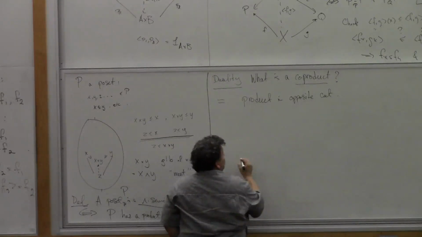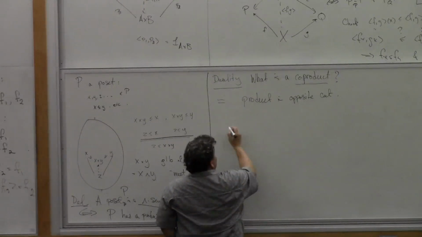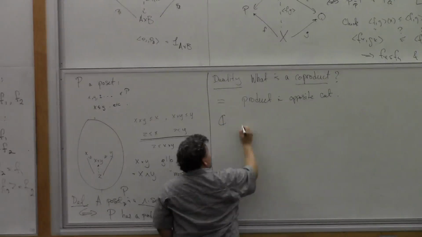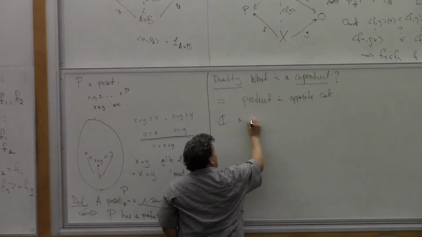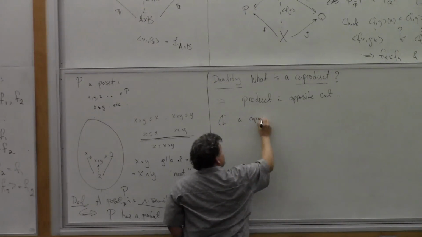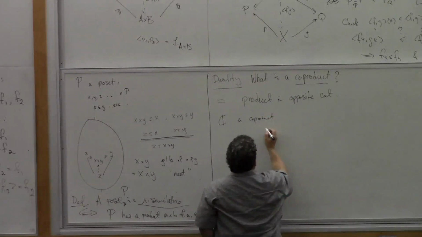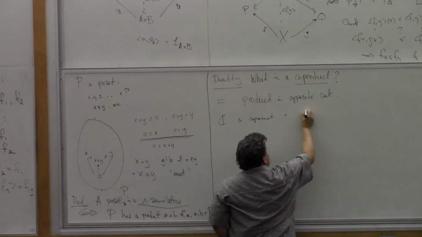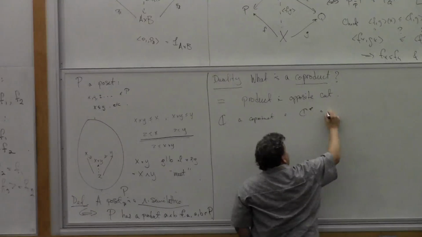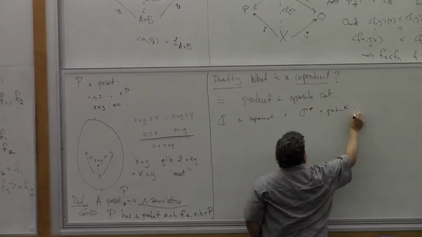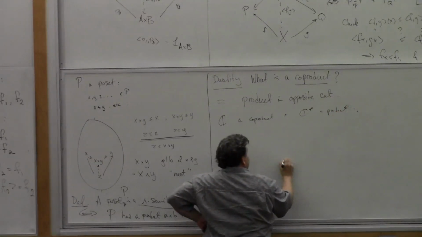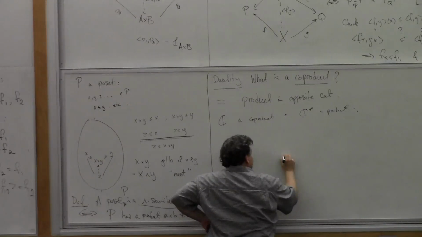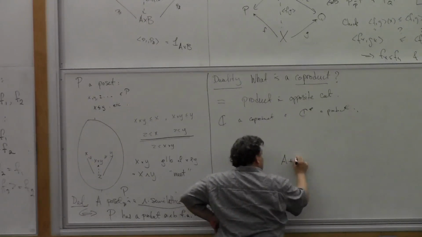So let's do it like this. We take a category C and we say the coproduct in C equals, in C op, a product. We have an object, which I might just as well start writing as a coproduct like this.